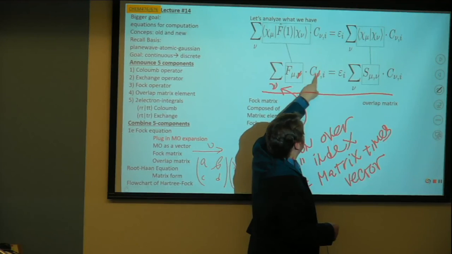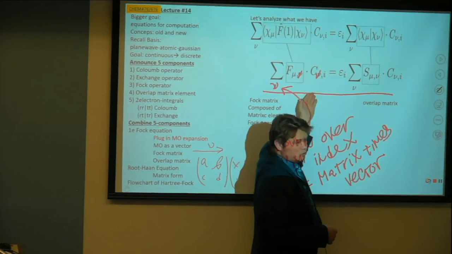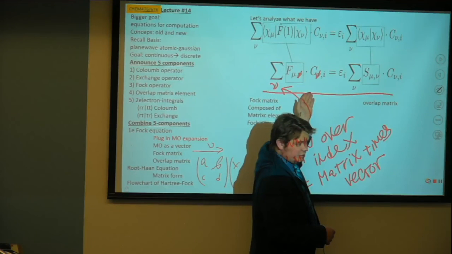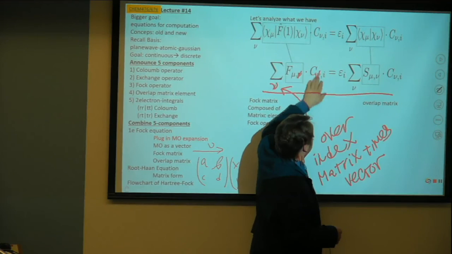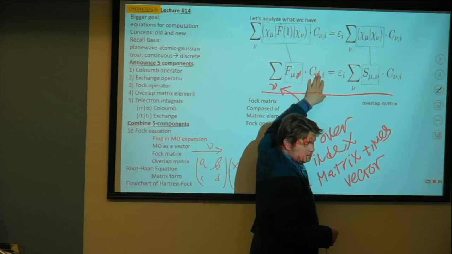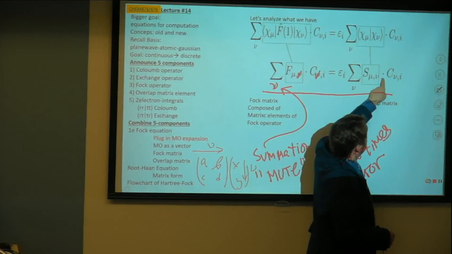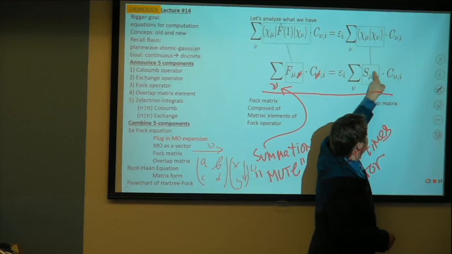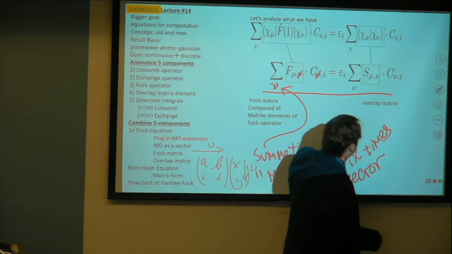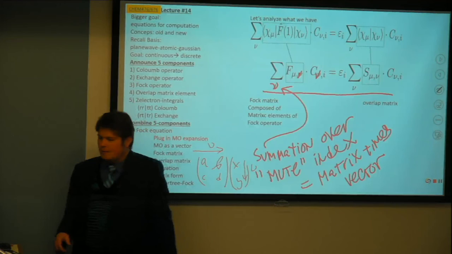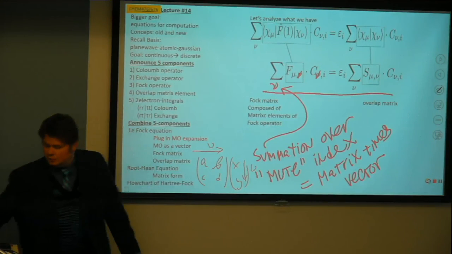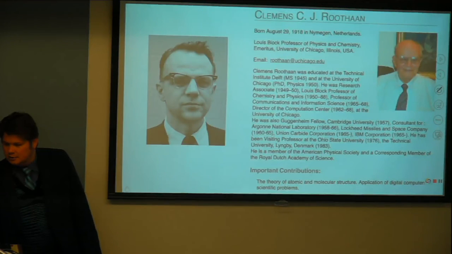When these two indices coincide, it means row by column. So this can be considered as a column vector. Same here, row by column. This is a vector, this is a matrix. So you can represent these objects.